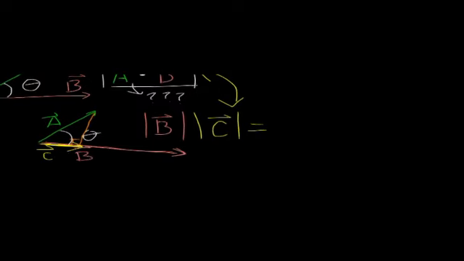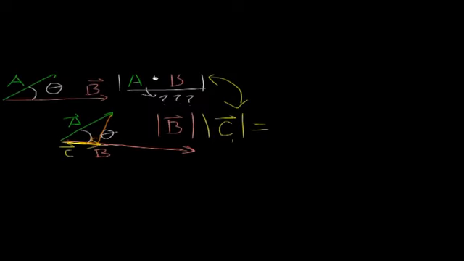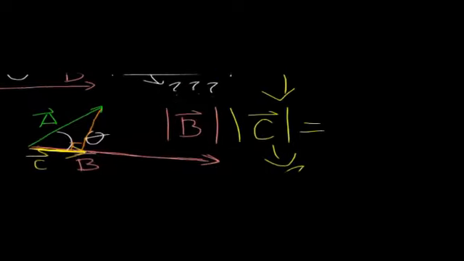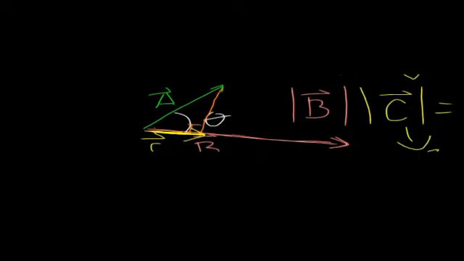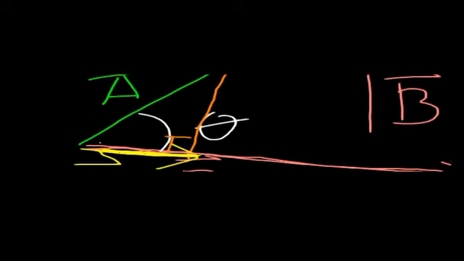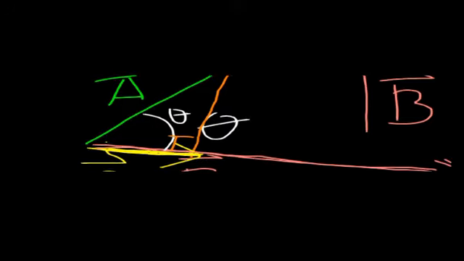But what is vector C? Well, I assume you know some level of trigonometry, but this is a right triangle, and this angle right here is theta. Let me put the theta inside instead.